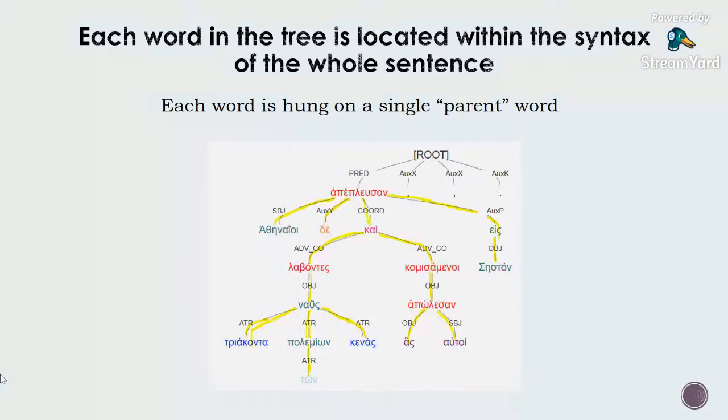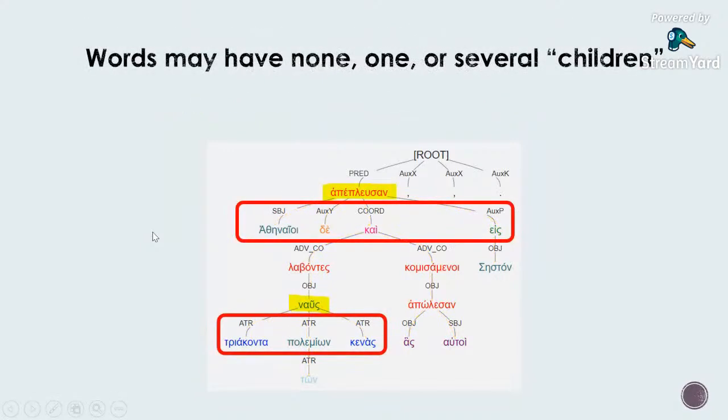You have to know how the whole sentence functions. Each word is hung on a single parent, as we call them. So athenaioi is hung on the main verb. There's only one line going up from each word, whereas you can have many children. There's a potentially infinite number of children for each word.